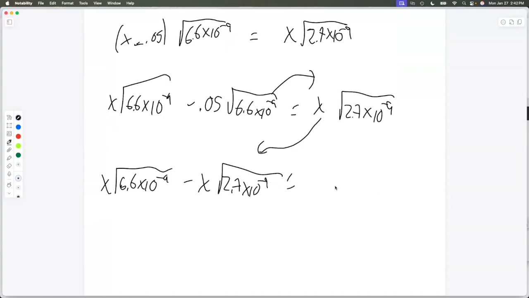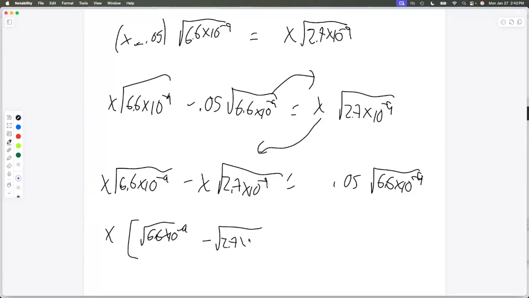When this moves to the other side, it becomes positive. And then same game here. I'm going to factor out this common factor of x. That equals all this stuff.